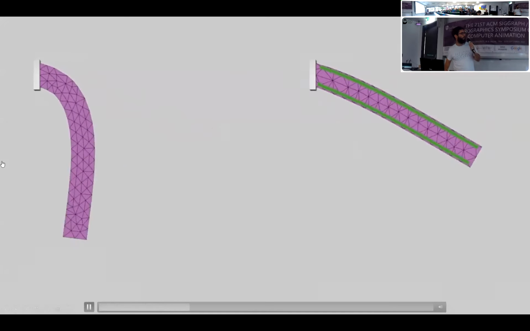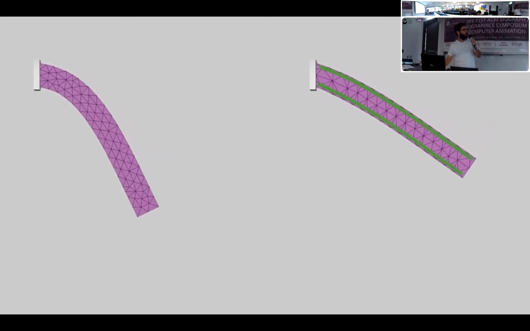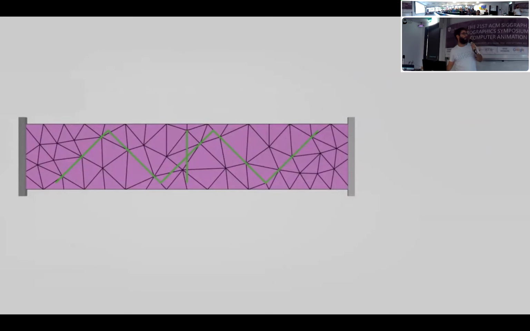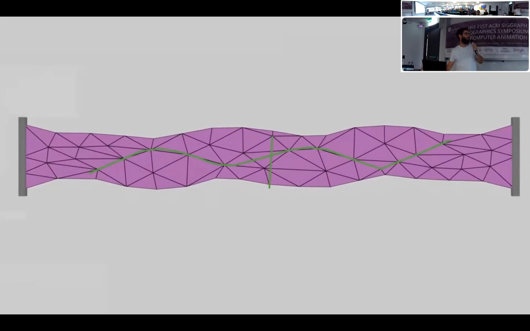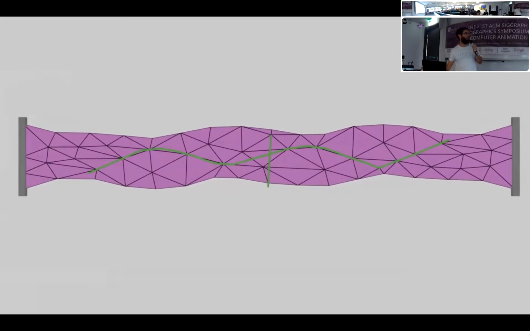Here we compare both simulations, one without the reinforcement and one with it. We can also do complex things that would be very difficult to do without a fine mesh, because you don't have enough nodes to represent the material.